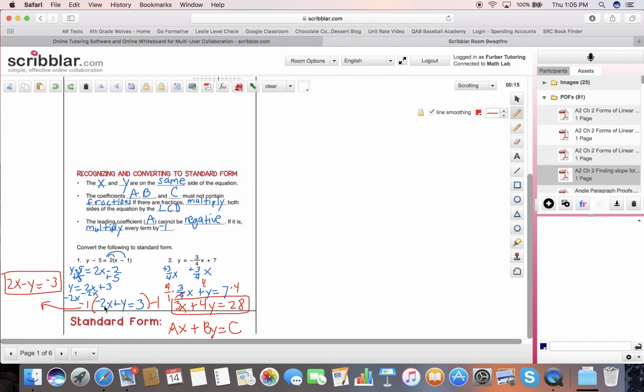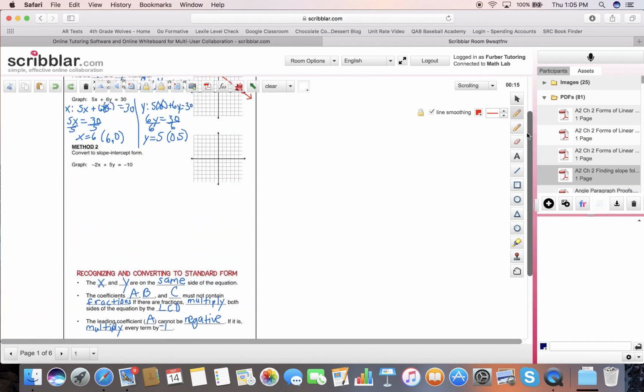So negative 2x is going to turn to positive 2x. Y is going to turn to negative y, and 3 is going to turn to negative 3. You're allowed to have negatives on all the other terms except for the x term. But the fractions you can't have anywhere. So if any term turns out to have a fraction, that has to be moved.